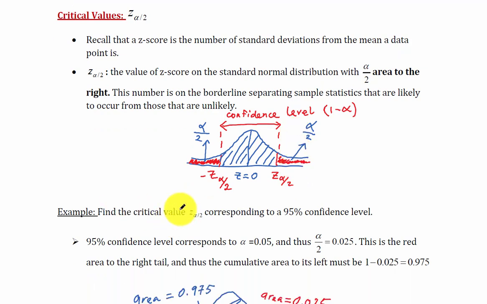Now let's try one example. Find the critical value z alpha over 2 corresponding to a 95% confidence level. We are given that the confidence level is 95%. So a 95% confidence level corresponds to an alpha of 0.05, because the other 5% is alpha, and therefore alpha over 2, 0.05 divided by 2, is 0.025. This is just the red area to the right.